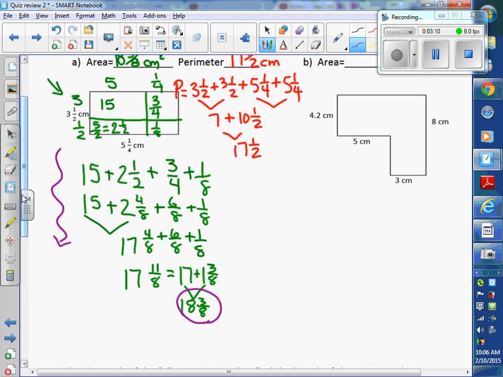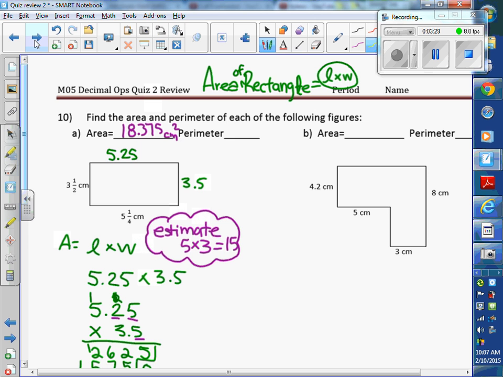Similarly with perimeter, over here you can see perimeter is just adding the 4 sides, and it's pretty easy to do with fractions. 3.5 plus 3.5 makes 7. 5 1/4 plus 5 1/4 make 10.5. So together you have 17.5. You can do perimeter with decimals too.